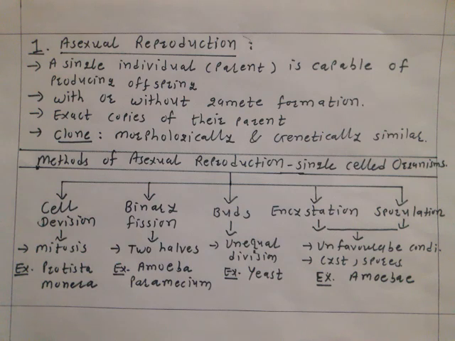During favorable conditions, this cyst bursts, and from the burst cyst, many spores are liberated in the atmosphere which can develop into amoeba. So these methods of asexual reproduction are observed in single cell organisms like Protista, Monera, amoeba, paramecium, yeast.